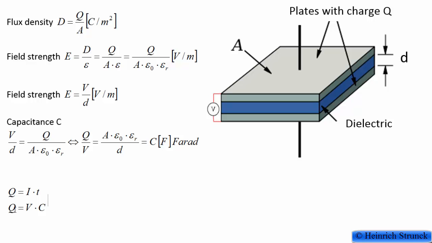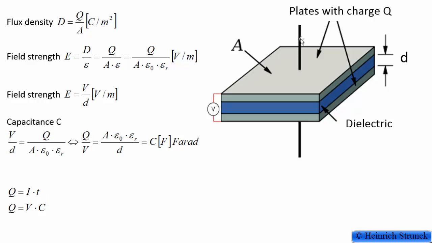And we also have that the value for charge is the voltage multiplied by the capacitance. We can see up here, because here we got the charge, and we just move the voltage over here and multiply by the capacitance. So these are also the basic formulas for the charge of a capacitor.